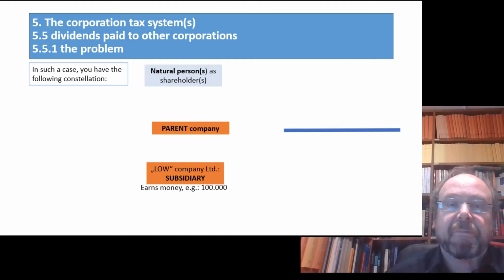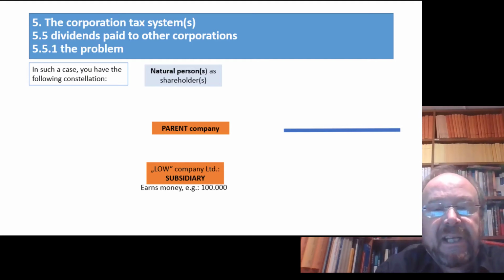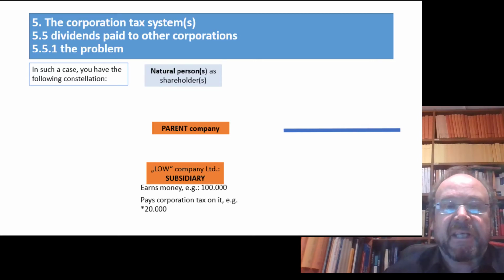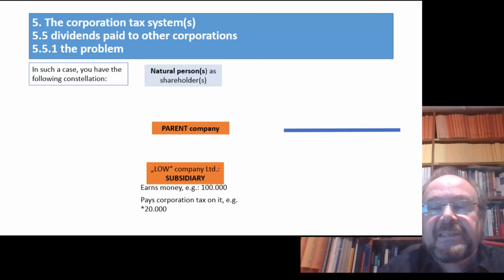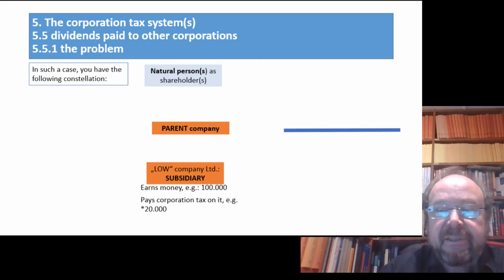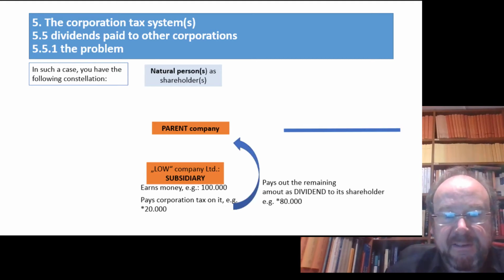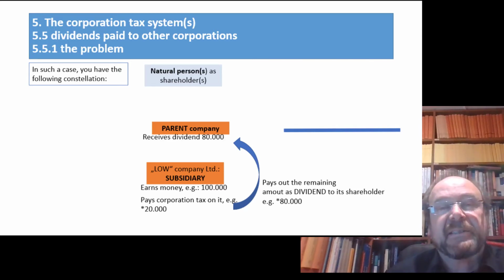Now, it usually begins with the subsidiary, so the lower company, earning money, let's say 100,000 euro. They pay corporation tax on it, let's say 20%. So what is left over is 80,000, and these 80,000 are now paid out as dividend to the parent company. So the parent company has now dividend income of 80,000.